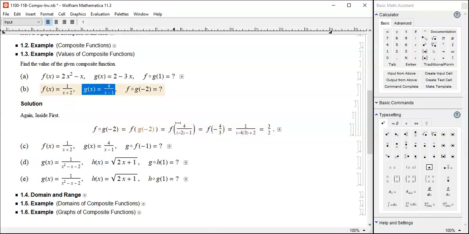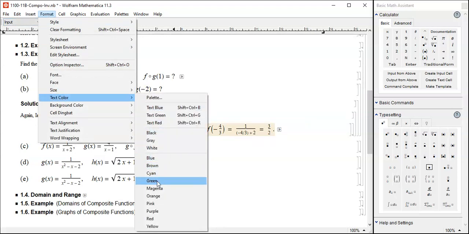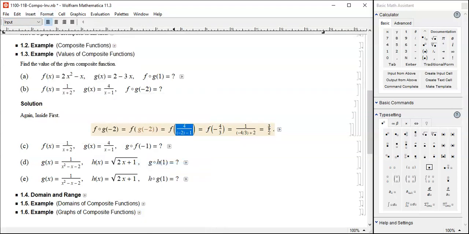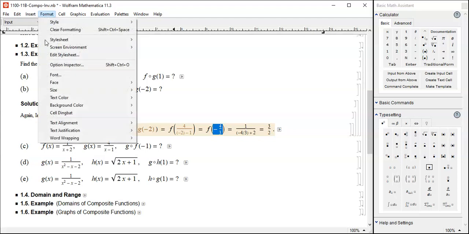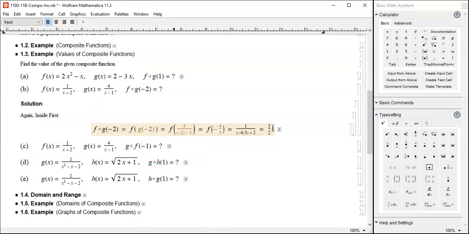From this definition, g of -2 is this: 4 over -2 minus 1, so it simplifies into -4/3. And plug in -4/3 into this expression here and do your computation. 1 over -4/3 plus 2. Simplify, you're going to get 3/2. You can use calculator if you want to.